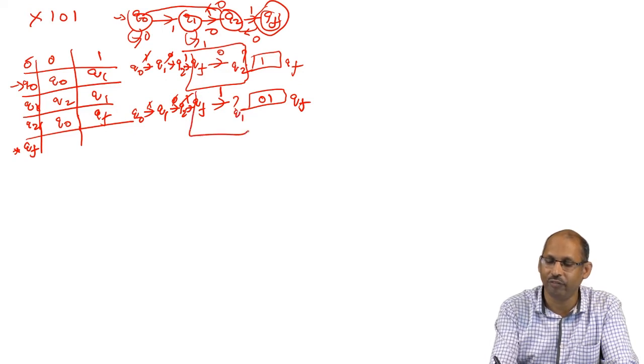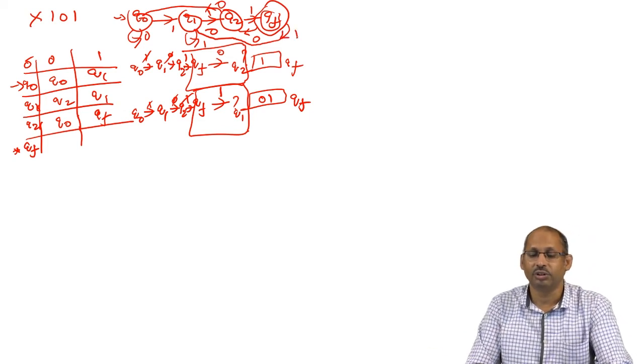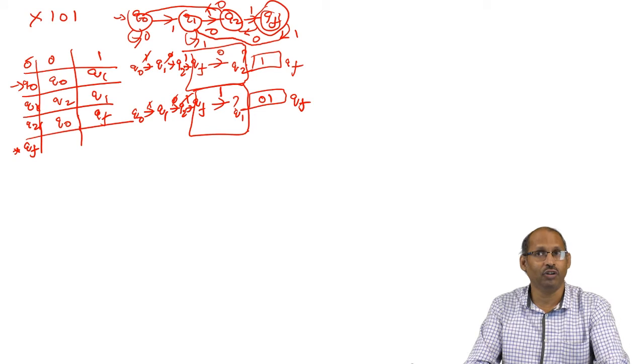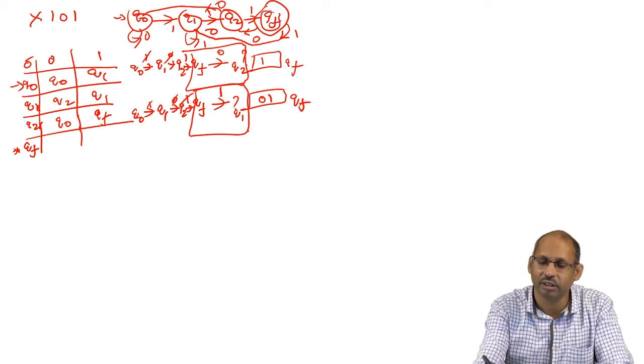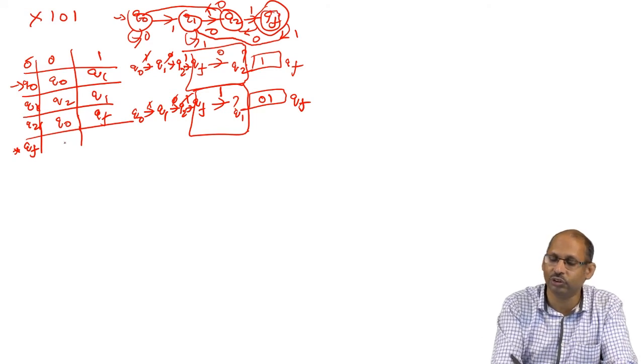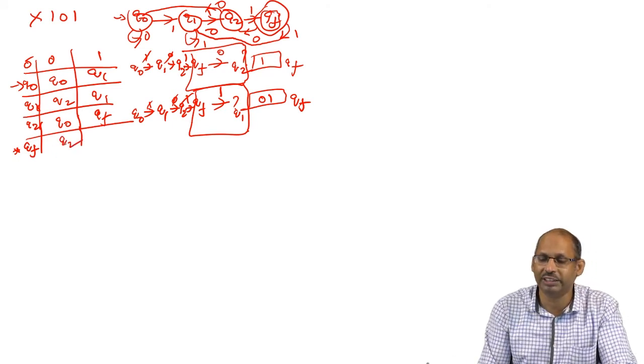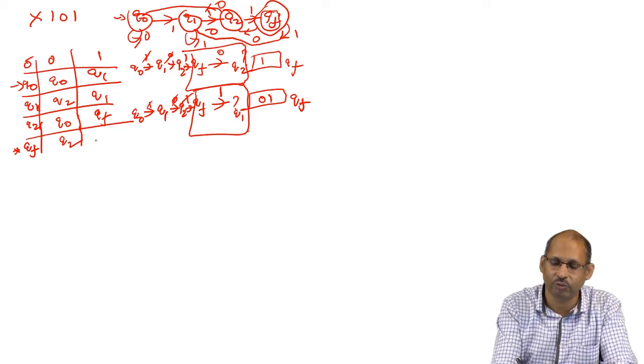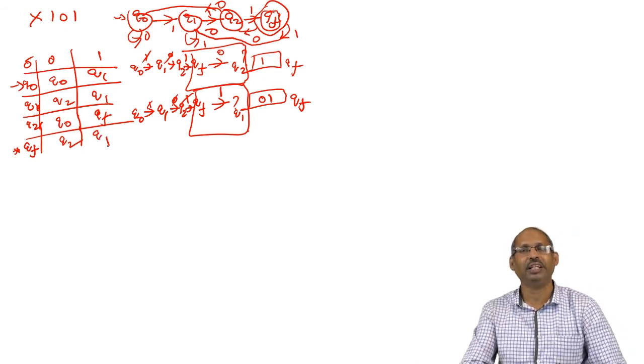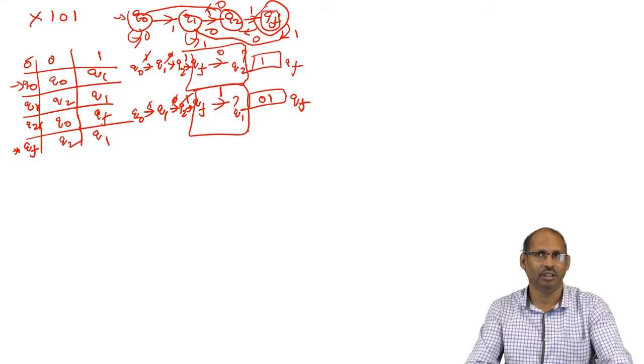So Qf on 1 goes to Q1, so that after 1, it follows 0, 1 to reach the final state. So Qf on 0 is Q2, Qf on 1 is Q1. This is the completion of our transition table.